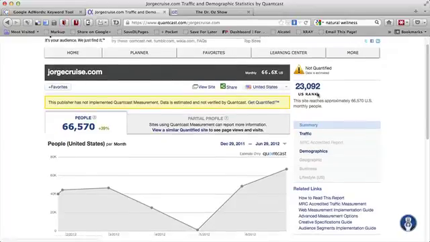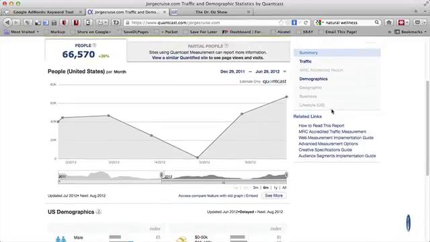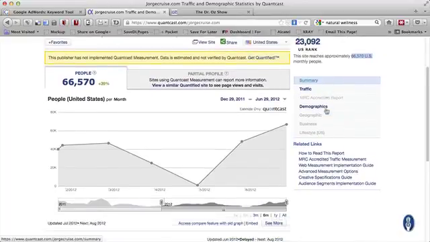Okay, so of all of the sites in the US, this is ranked in the top 23,000. And listen, anything less than 50,000 is excellent, okay? Because he's reaching about 66,000 people monthly. In other words, that's how much traffic it gets to the site. So if he's getting 66,000 people monthly to the site, that's an indicator that what he's talking about is worthwhile.